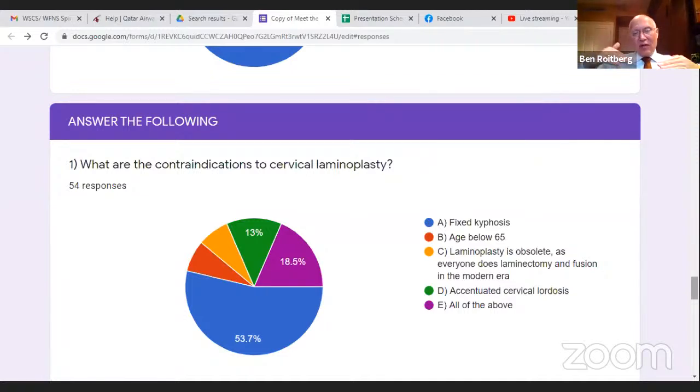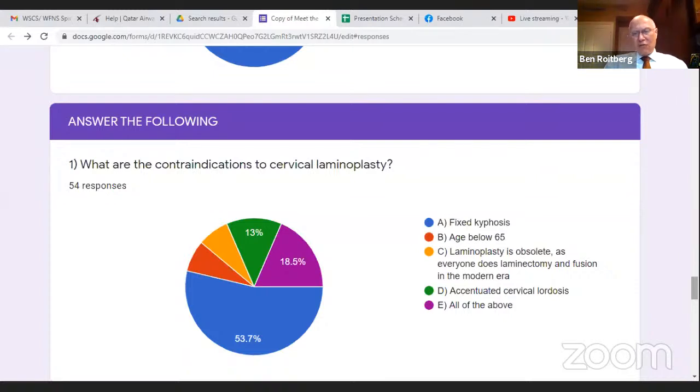On the side of the hinge, it's usually very easy when it's open. It's possible in selected cases to do that on the contralateral side with the trough, as long as you don't remove too much of it. And I've done this in 10 to 15% of laminoplasties.